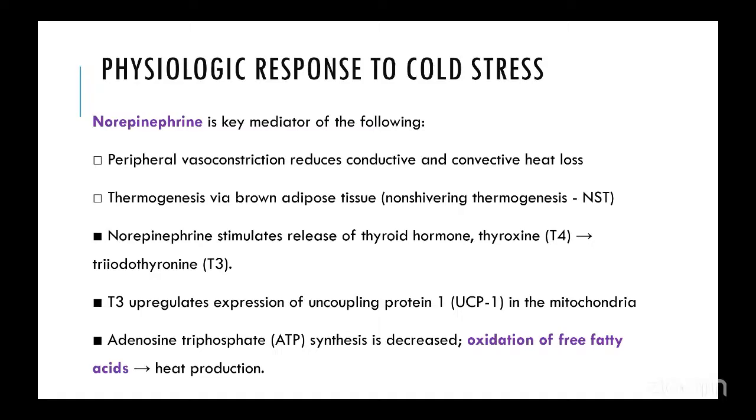And norepinephrine also stimulates the release of thyroid hormone, which is T4, which gets converted into T3, that upregulates expression of uncoupling protein 1 in the mitochondria. So basically, this will lead to reduction in the ATP synthesis and oxidation of free fatty acid. This causes heat production.